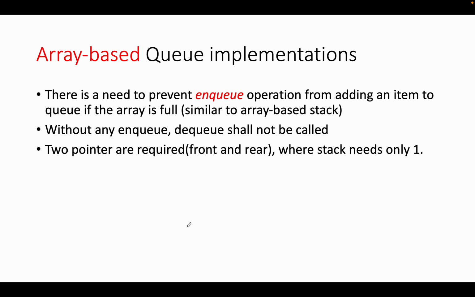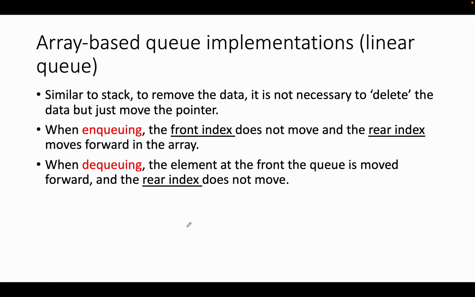So for the array based, somehow they will have some problem when we add an item into the queue. What you need to do is define the front and the rear index. When we would like to enqueue, meaning add, you need to change the position of the rear index, because you need to add something to the back, but nothing moves from the front.